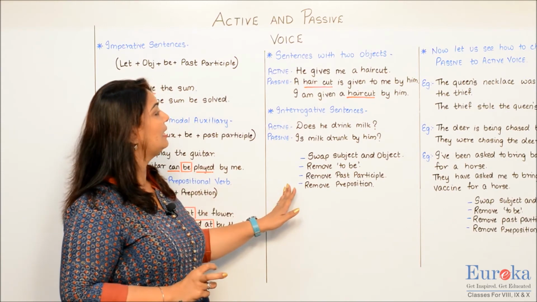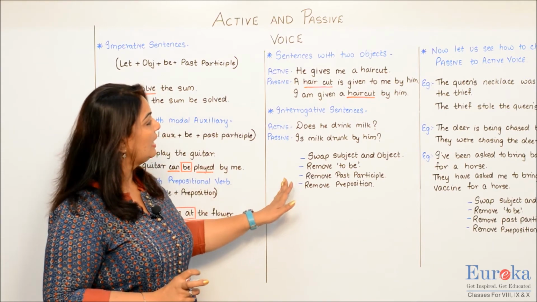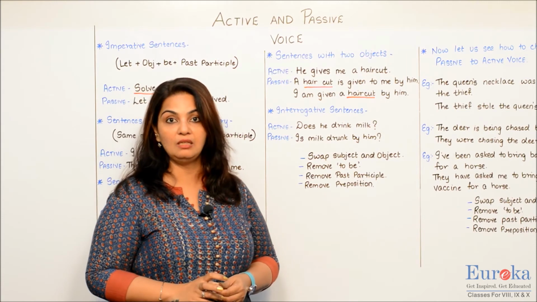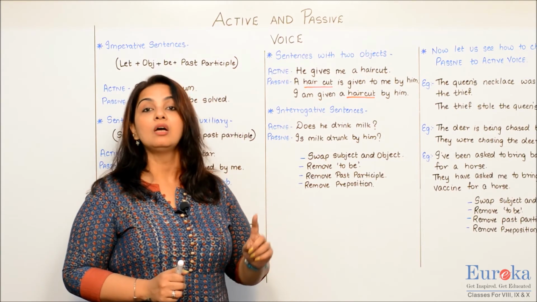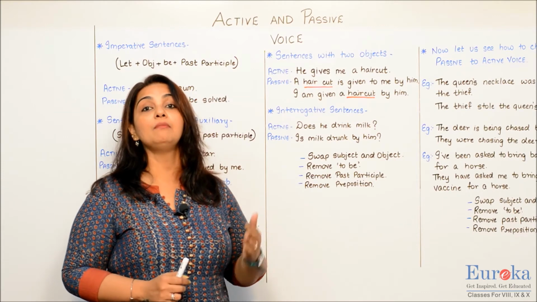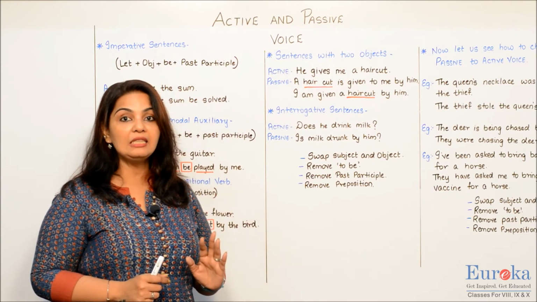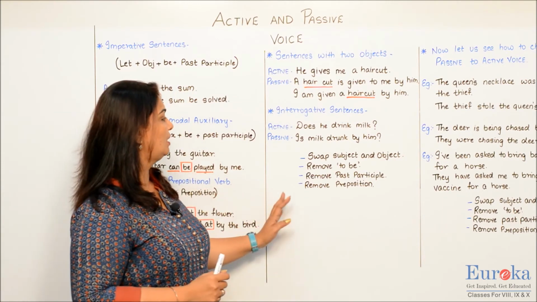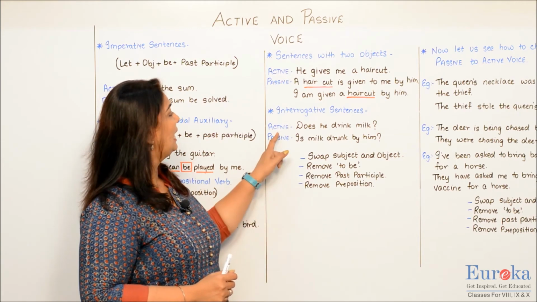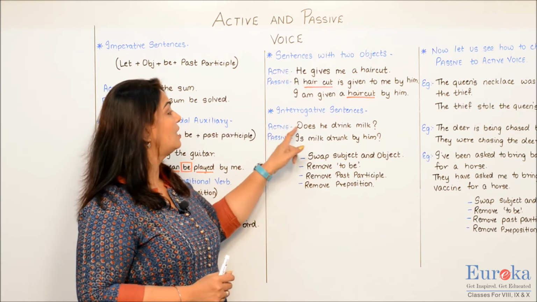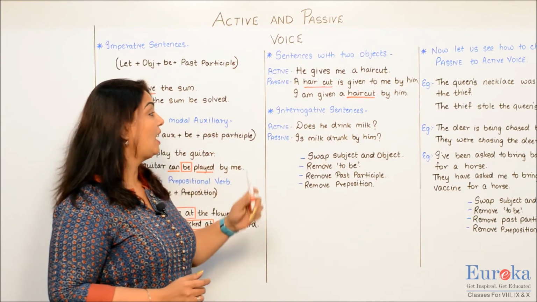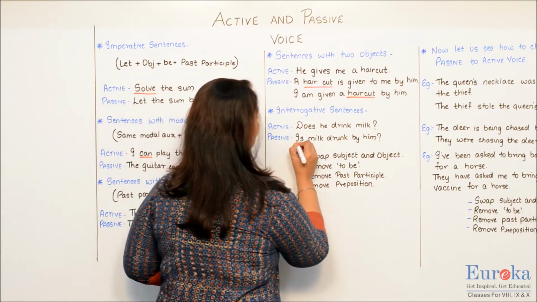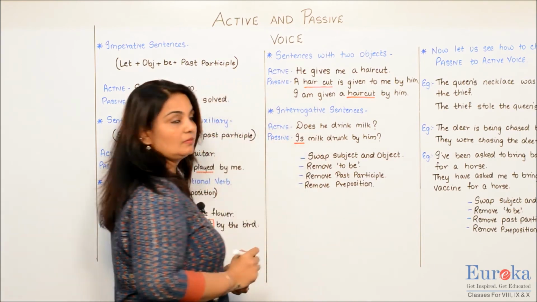Now, let's look at the interrogative sentences. Interrogative sentences mean questions. So, over here, we do not change the question form and make them affirmative. We retain them in the question form. So, let's see how we do it. In the active voice, we use, does he drink milk? Over here, we have to use the word is.